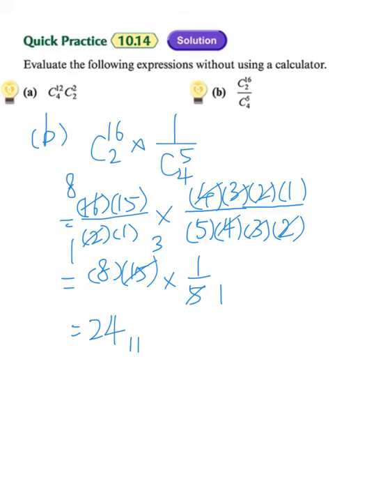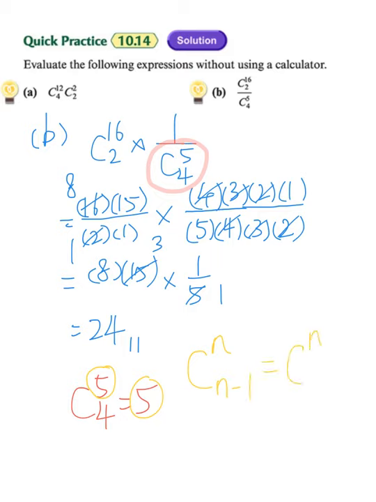Now here we can memorize one format for 5C4. So actually 5C4 is equal to 5. So this 5 and this 5 have some sort of correlation. And in general, when we have nC(n-1), that actually is the same as nC1.